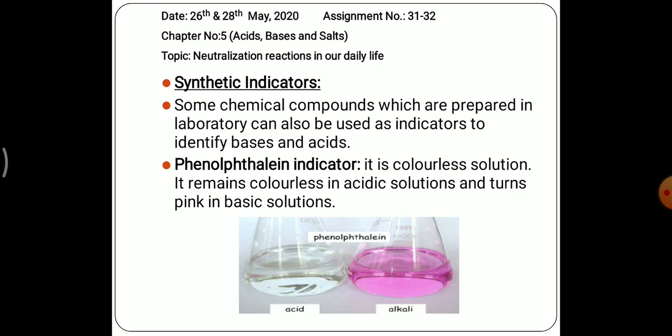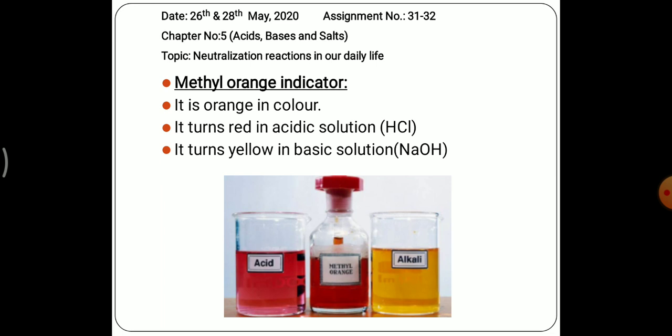When it is combined with acidic solution, it remains colorless and it turns pink in basic solution. So I hope you are clear with this. And then we have one more synthetic indicator which is called methyl orange indicator. How does it look? Usually, as the name suggests, it is orange in color.